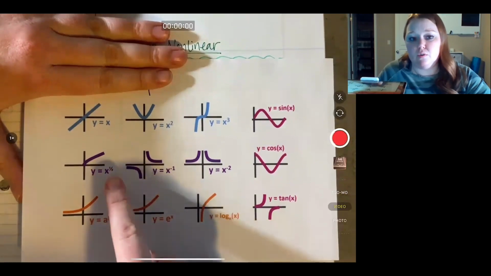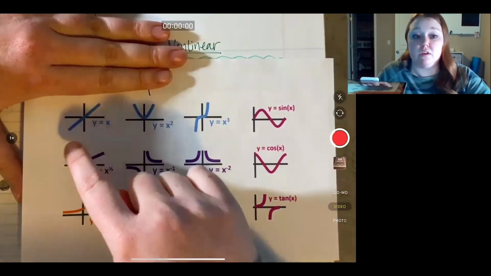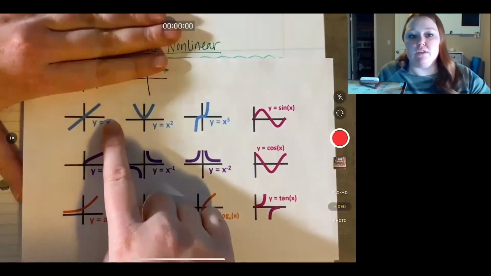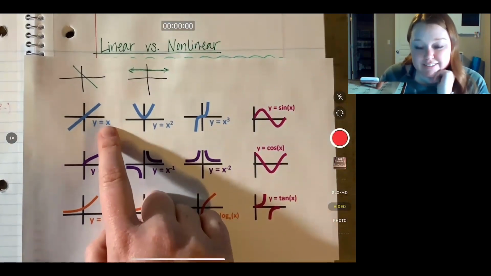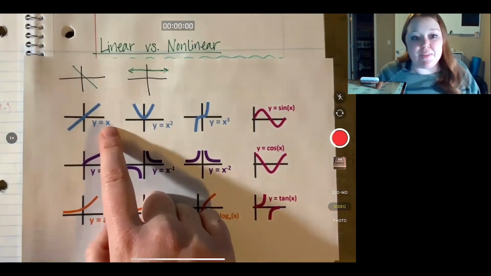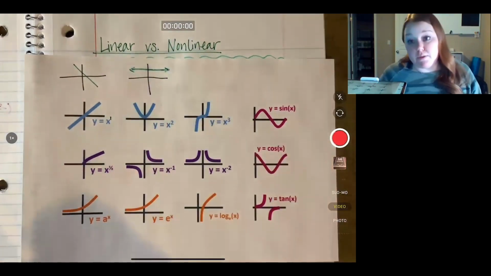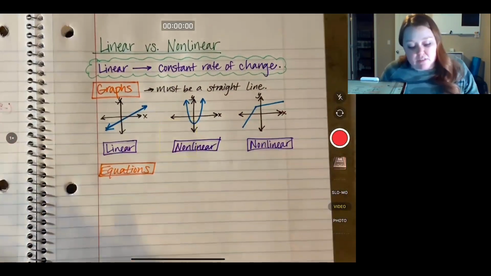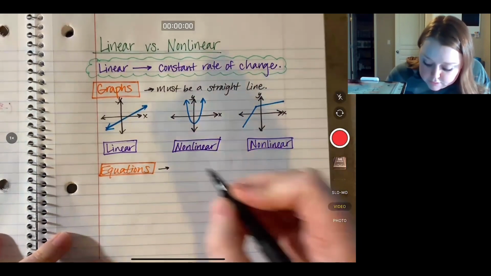So basically the only time the equation was straight on the graph is when x was raised to a power of what? What is the exponent on x? Don't say 0. Technically, if nothing's there, it's raised to a power of 1, okay? So that's basically what we go with. Now, there are some exceptions to that, but we're going to go with that.